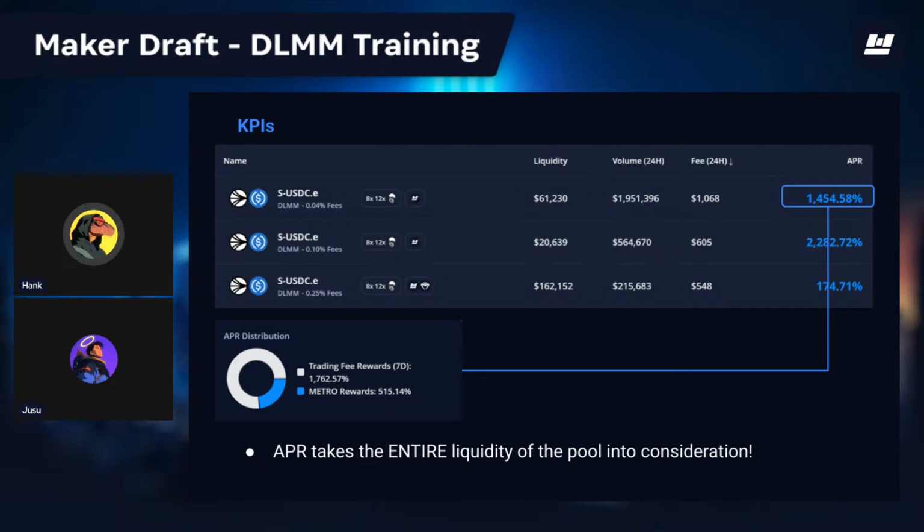And important, the APR is taken over the entire liquidity in the pool. It's not taking only, let's say, the plus minus 2% range.